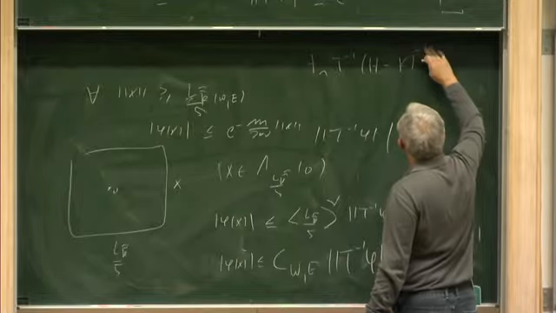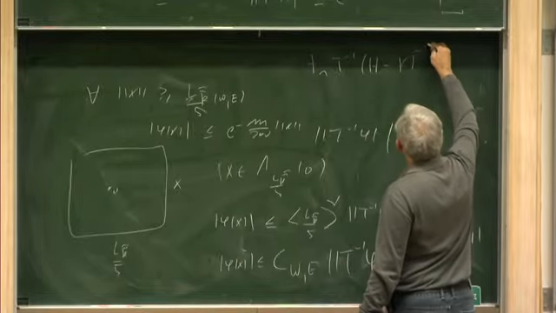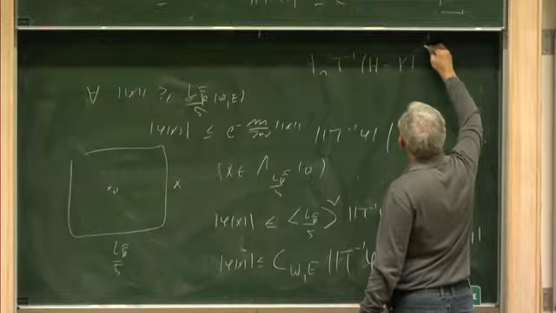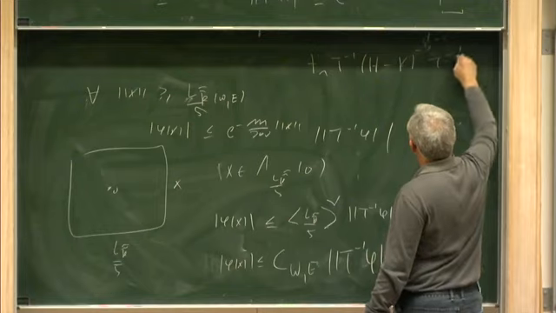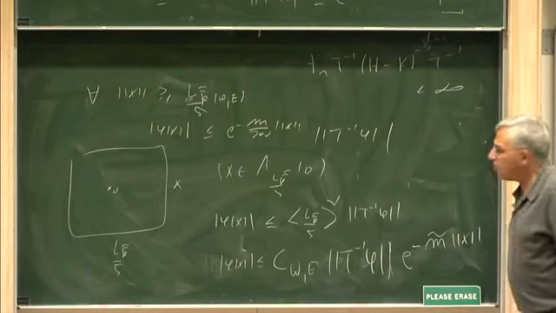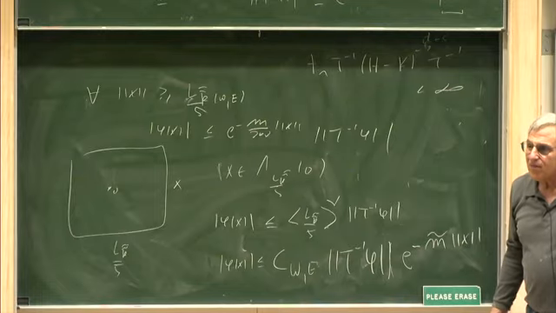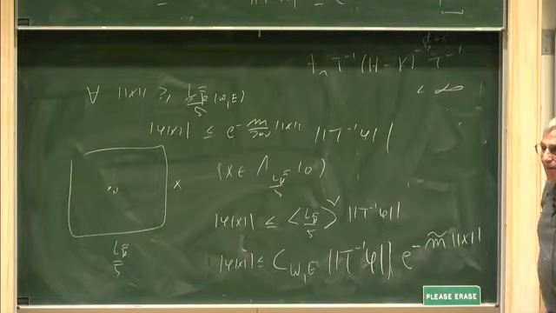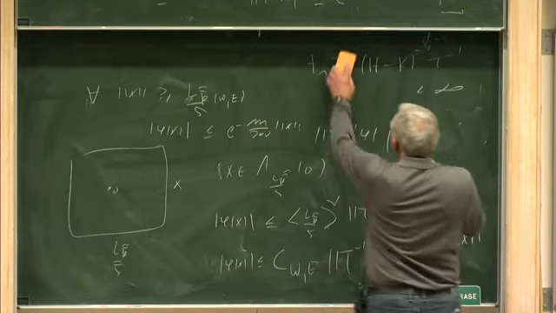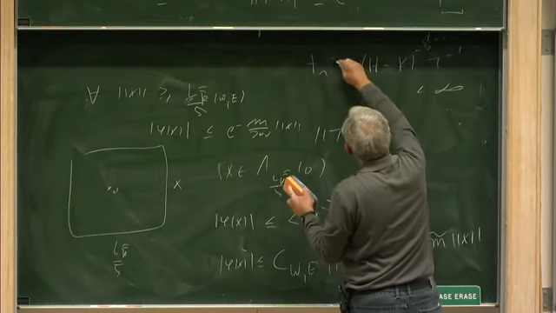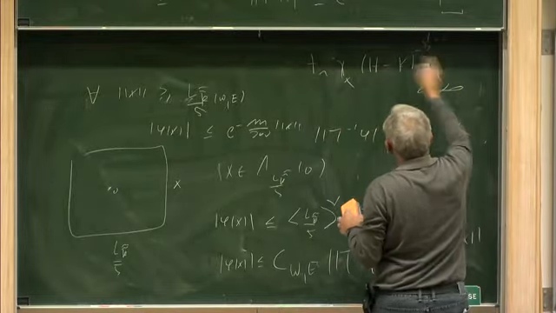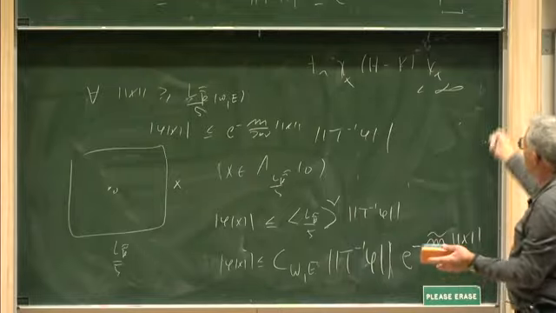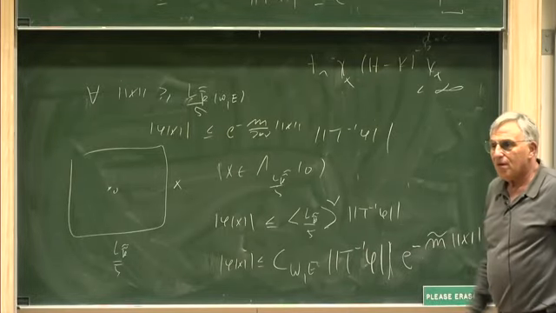You need some power. This power is going to be d over 2 plus epsilon, or d plus epsilon, I forgot here. And you prove this is always finite. That's a trace estimate. Or if you prefer, we prove that if you take the characteristic function of a cube, this is finite, and the estimate is independent, so the other thing is summable.